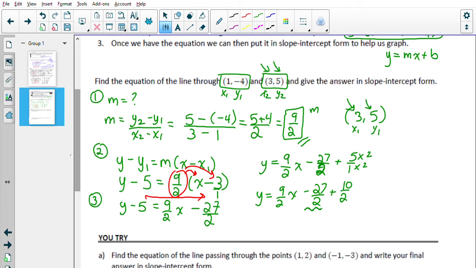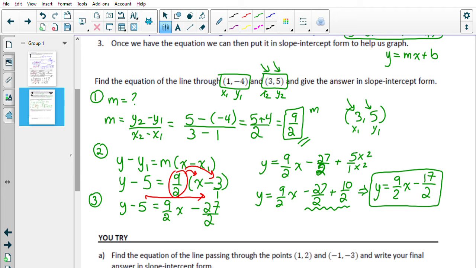Now that they're the same denominator, we can combine them together. And in our last step, you get 9 over 2 x, negative 27 plus 10 makes negative 17 over 2. There is the equation of the line written in the y equals mx plus b format.